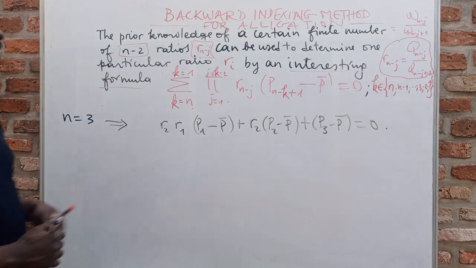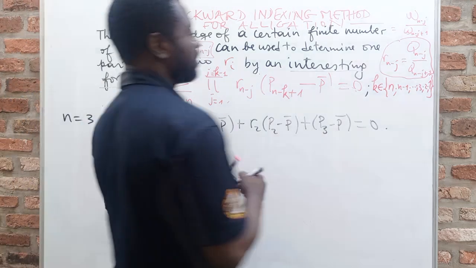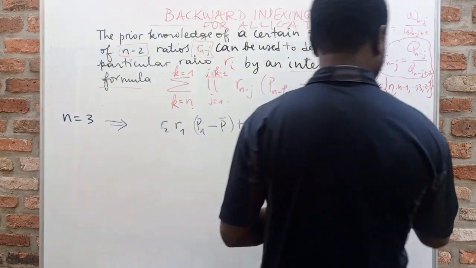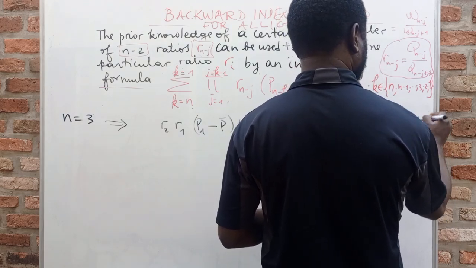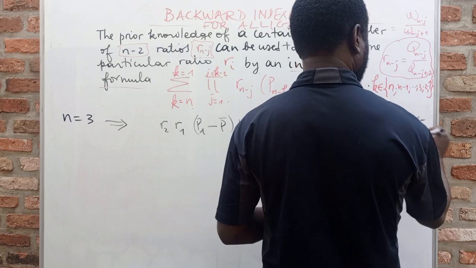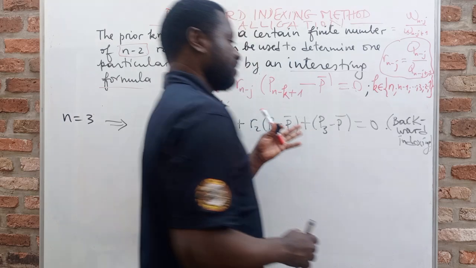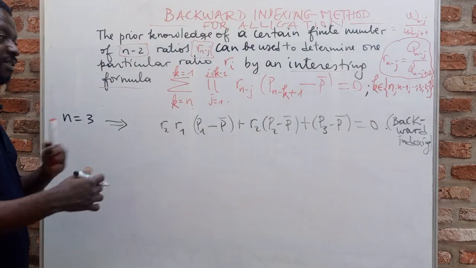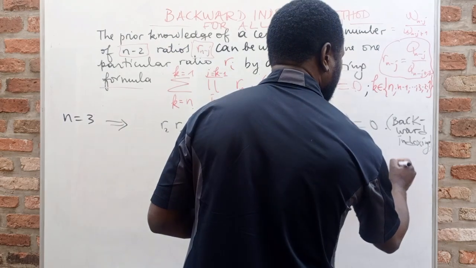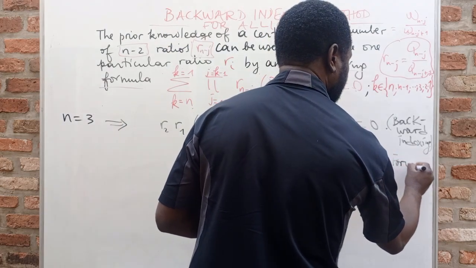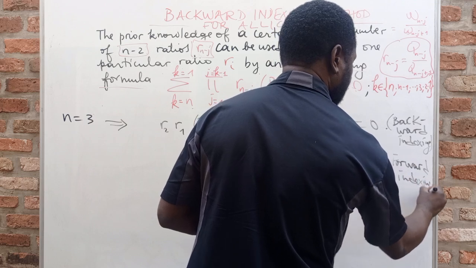Instead of doing the forward indexing, this is for backward indexing. What I like most is this backward indexing because it is easier to handle than the forward indexing method, as we saw.